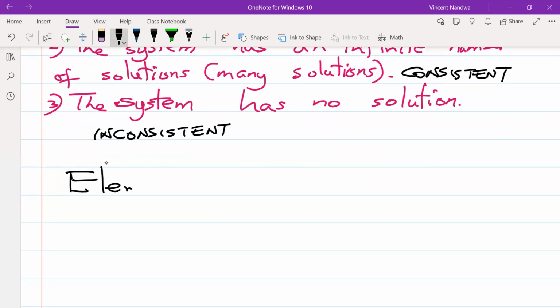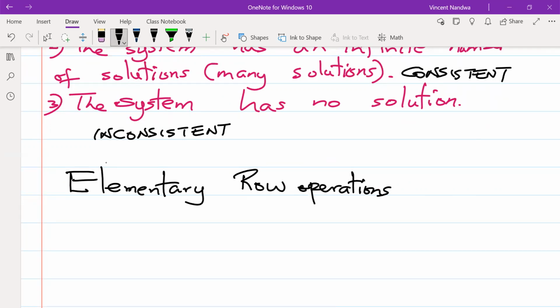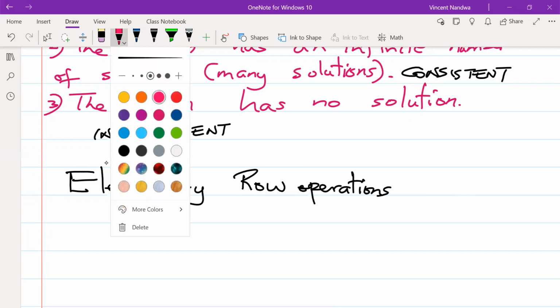So there's what we call elementary row operations. These are simply the operations which we mostly use on systems of linear equations to enable us to transform the system into an easier system to solve.